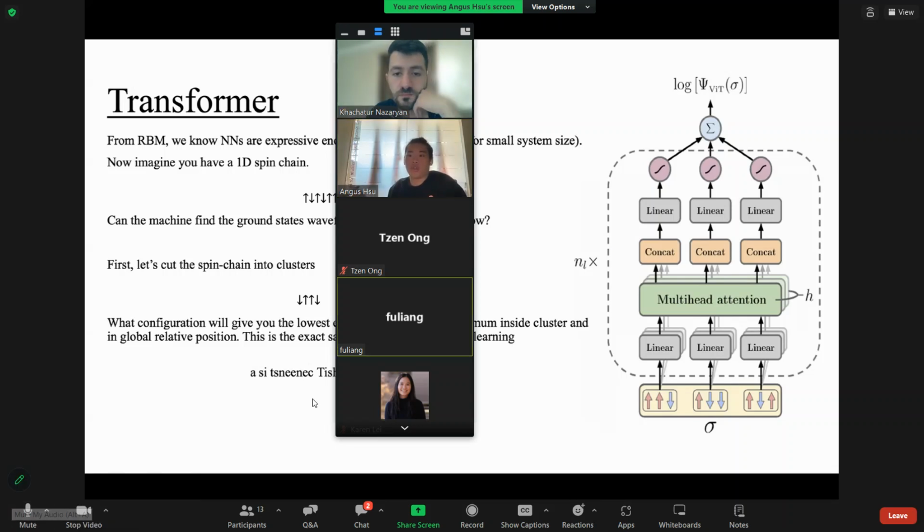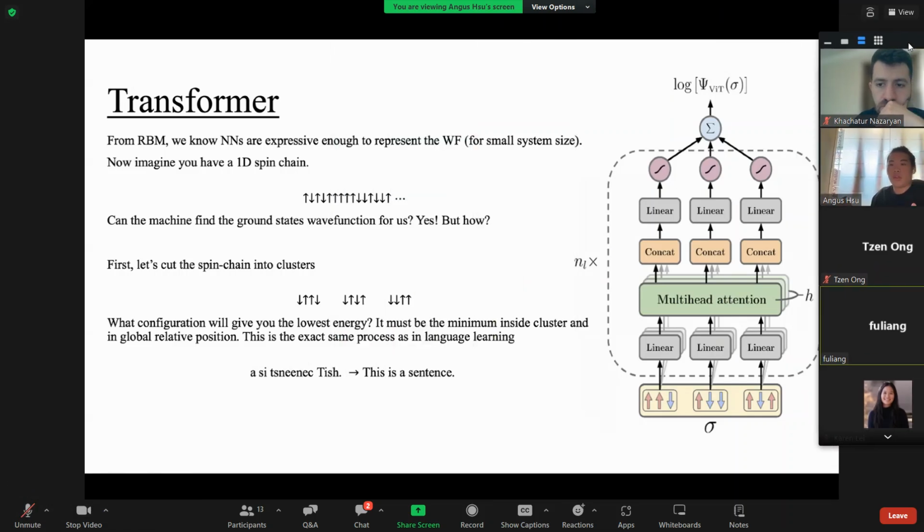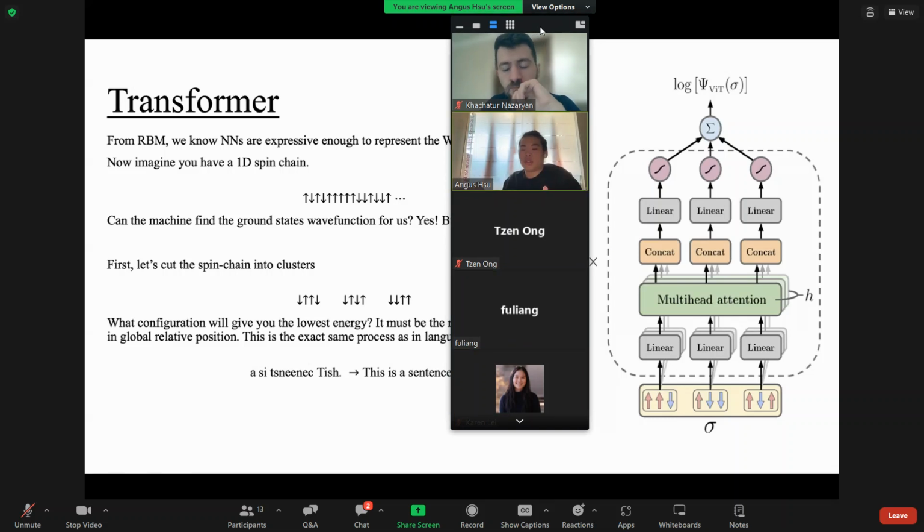Each unit only acts on three spins in the entire chain. These different linear units actually use the same QKVs. Each processing unit that they call linear is using the same set of variational parameters.